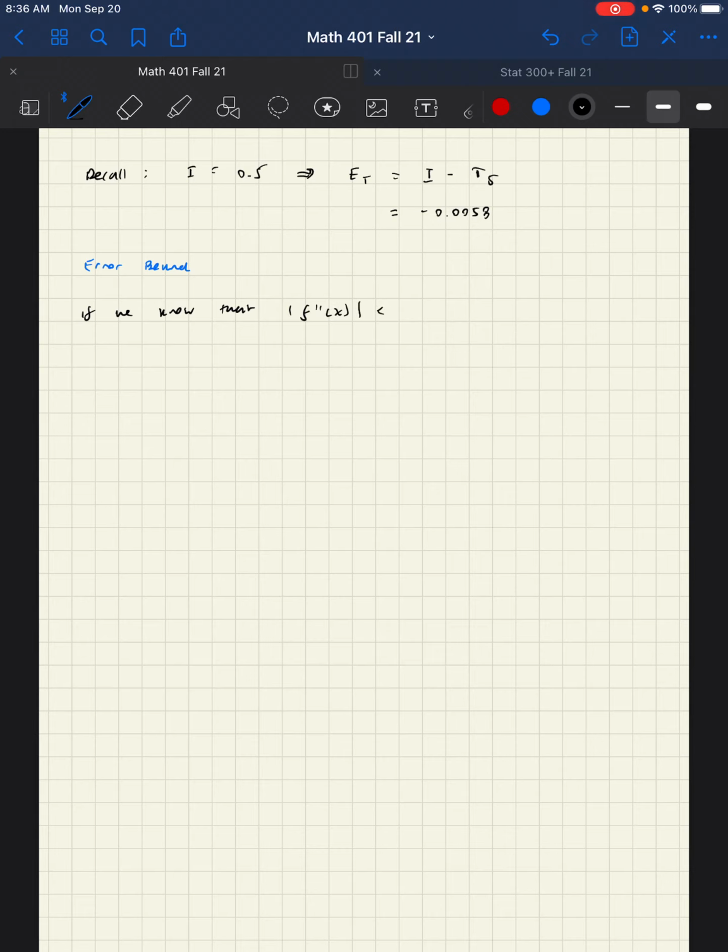But so if we know that the absolute value of the second derivative of f is no greater than K for all x values between a and b, or this means for all numbers between a and b inclusive, then we can guarantee that the absolute value of the error using this trapezoidal rule approximation, as a function of the number of subintervals that we've chosen, is no greater than K times b minus a cubed over 12n squared.